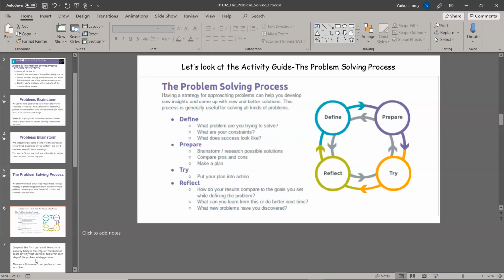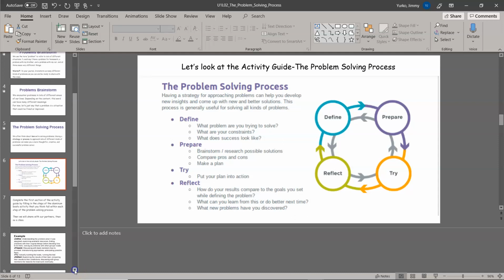In the try phase, we will put that into action, and in the reflect phase, we will compare our solution to what we intended to do, and we may need to restart this process, and will likely restart this process many times.